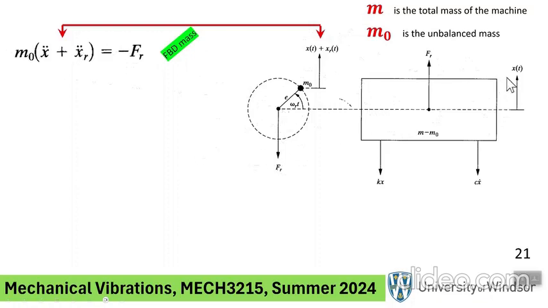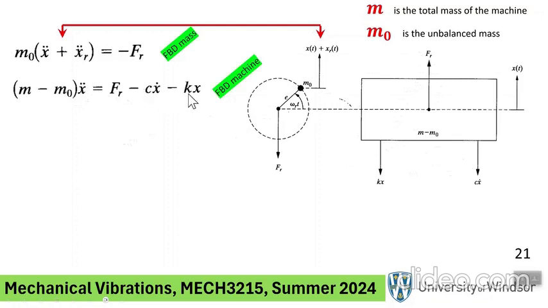Now, when you look at the box itself, its mass is m minus m naught, because we have removed the rotating component from it. And what are the forces acting on it? There is, of course, Fr, which we assume is pointing up, and there is the spring force and the damper force that are opposing that motion.